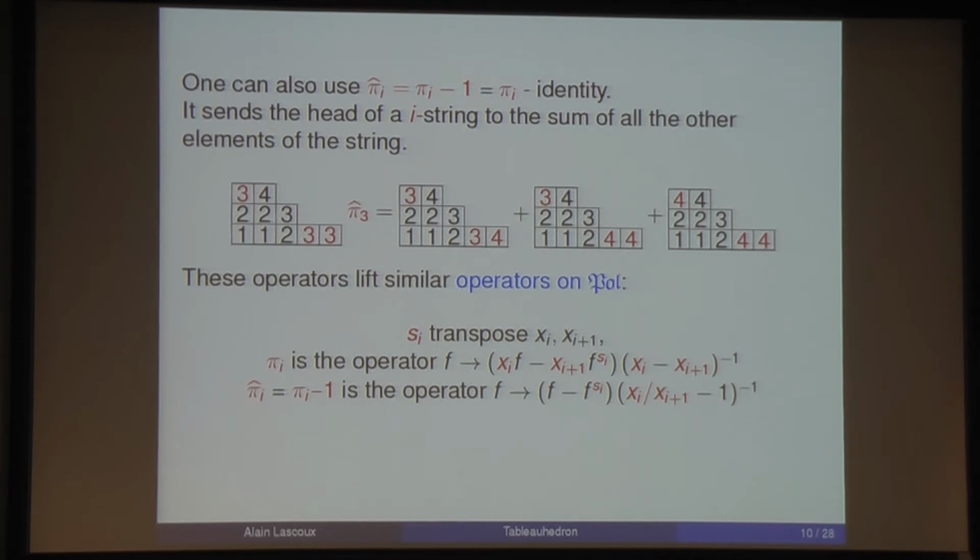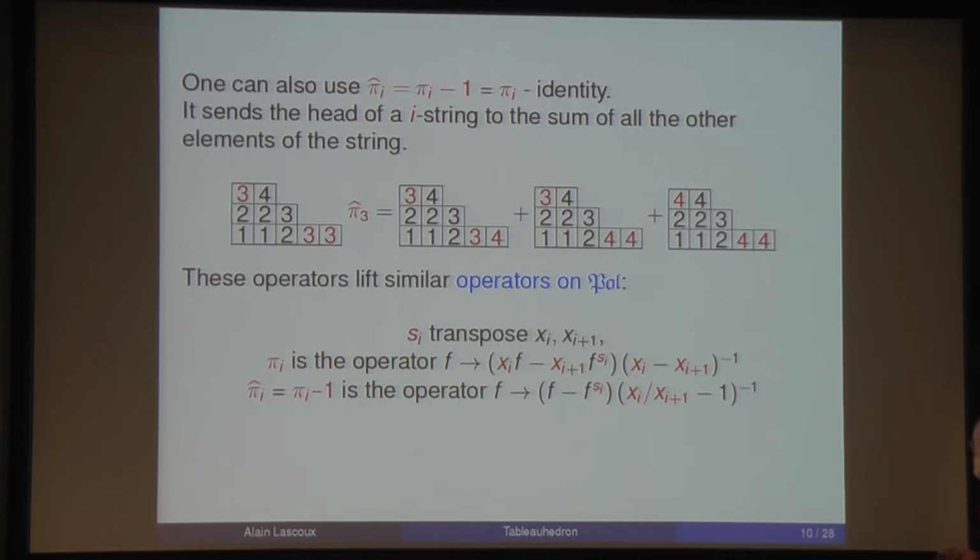You can operate with elements on the string, so I'll write the operation on the tableau. Pi was taking the sum of all elements which are between the tableau and its image under the simple transposition. And here you take the sum of all elements except the head of your string, since this was minus the identity operator. So this is the effect on the tableau of the pi hat operator.